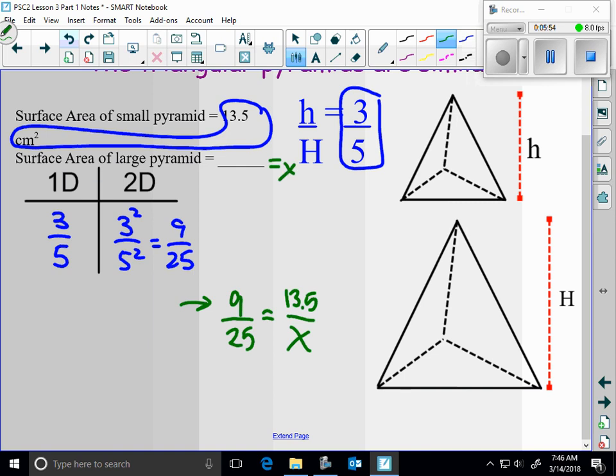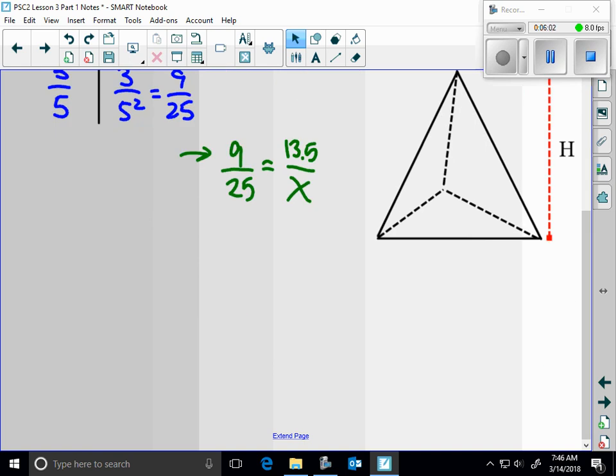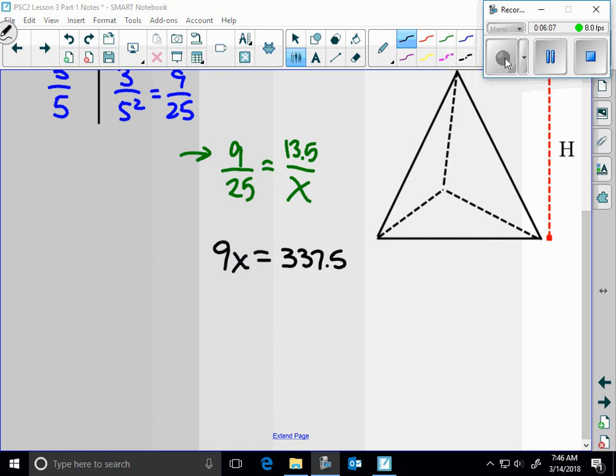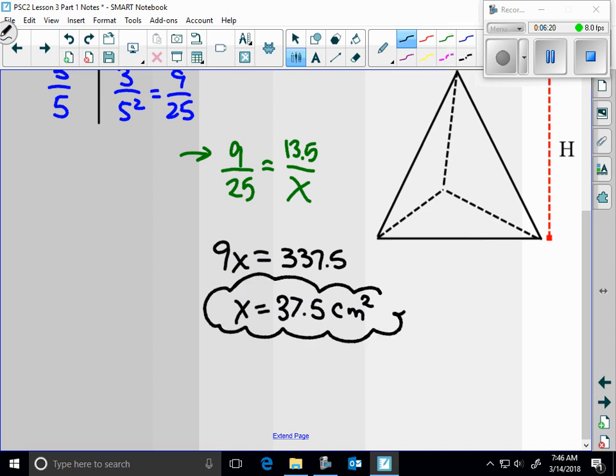So this is going to be equal to x. Okay, so we do a little cross multiplication. So I get 9x is equal to 337.5, and then I divide by 9, and it looks like x equals 37.5 centimeters squared. Now, recall, this is the surface area of the larger of the two pyramids. This is the surface area of the smaller of the two pyramids, and they take on this ratio of 9/25. Okay, let's do another example.